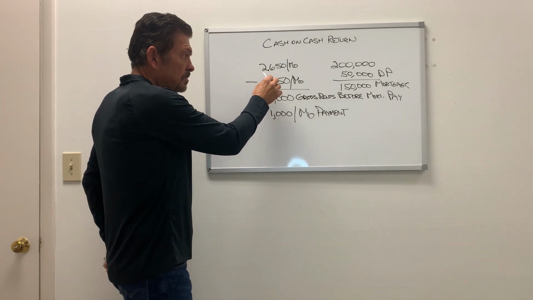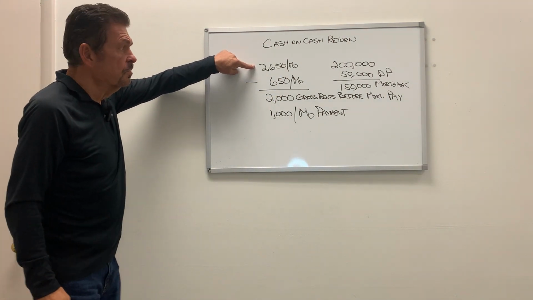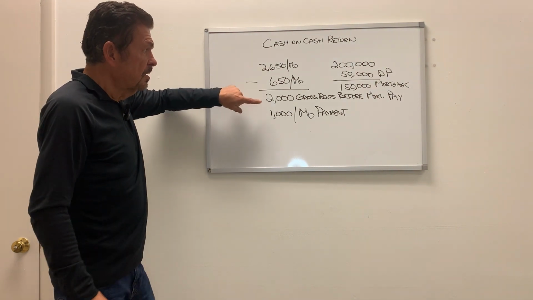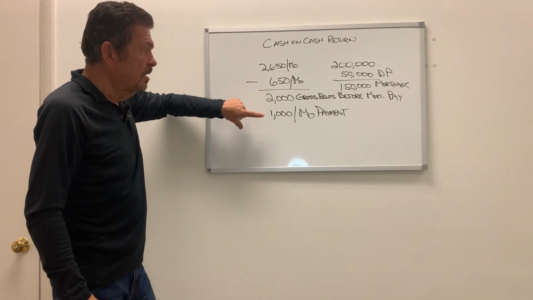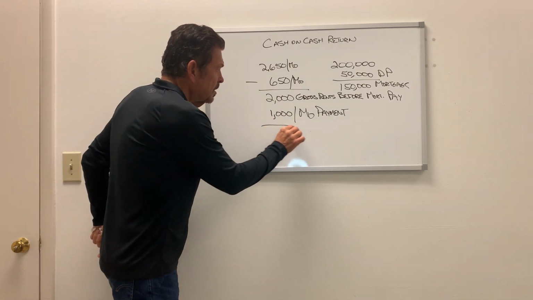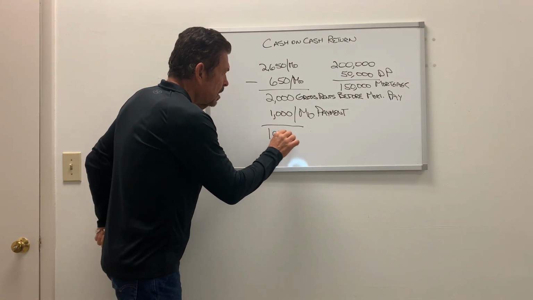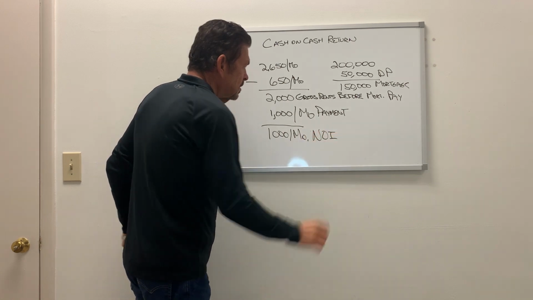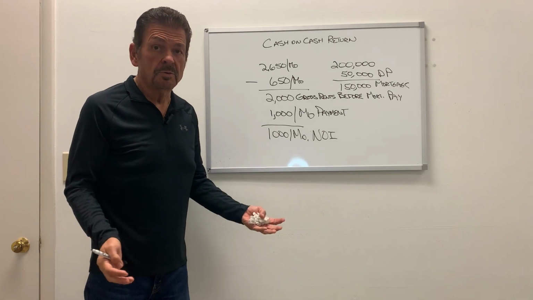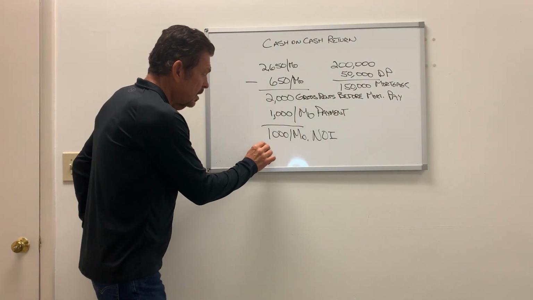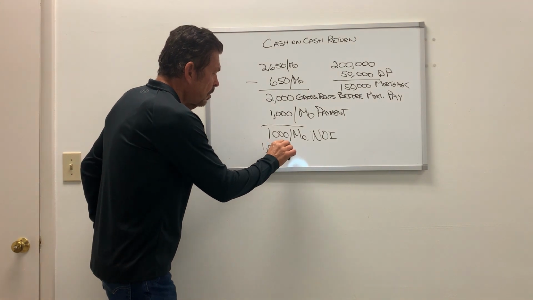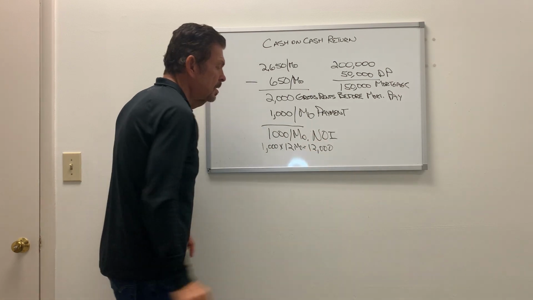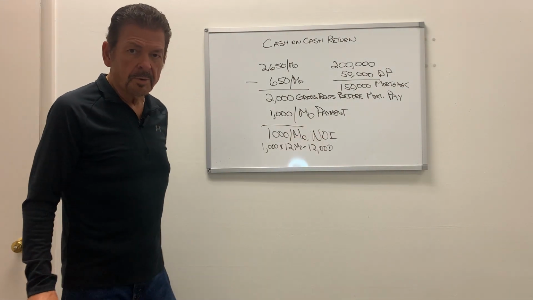Okay, in this scenario, we have $2,650 as gross rents, $650 for taxes, insurance, and expenditures, gives us $2,000 in gross rents, minus our $1,000 mortgage payment, gives us $1,000 per month, which is our net operating income, net of all of our expenses to include our mortgage. So $1,000 a month times 12 months equals $12,000 a year that you have coming in net operating income.